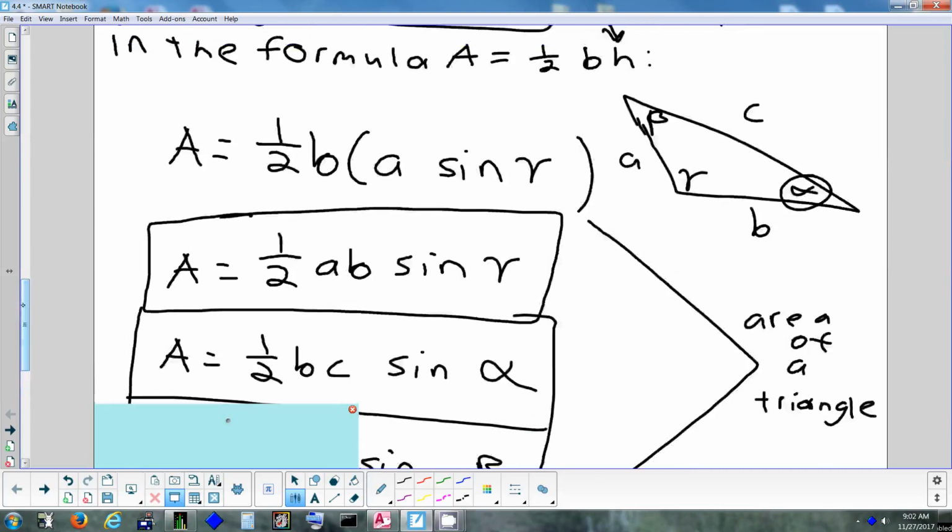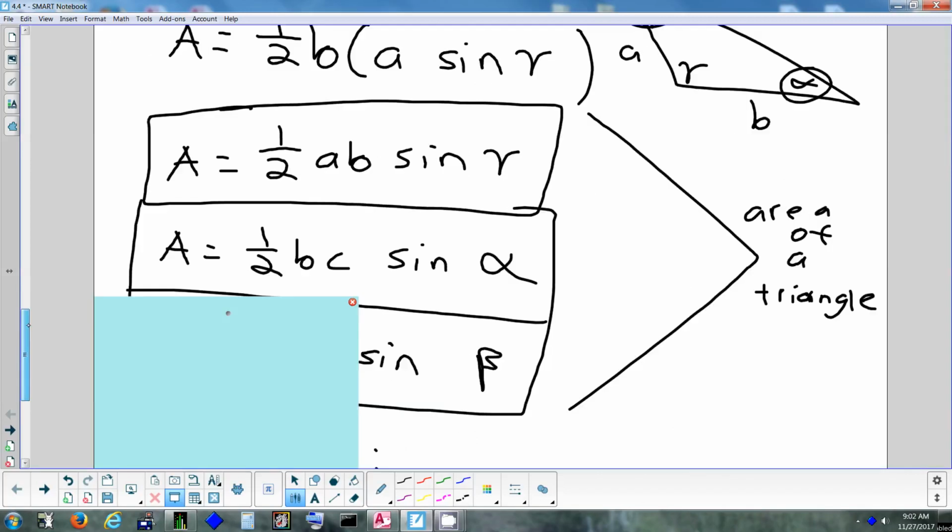Okay, now let's look at it for beta. If I was using beta, can anyone else tell me what two sides you think I would use there? Well, Alex? C and A. Yeah. A and C are the two sides of the angle. So you'd use A and C.